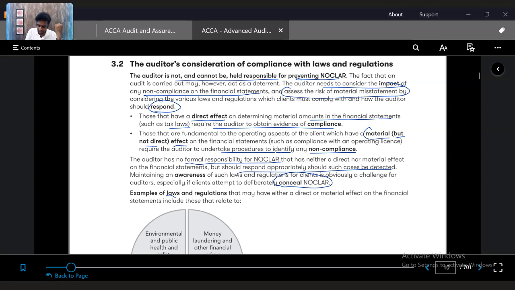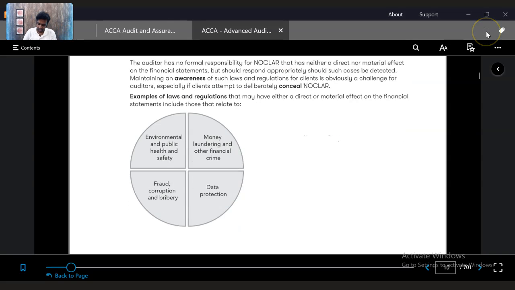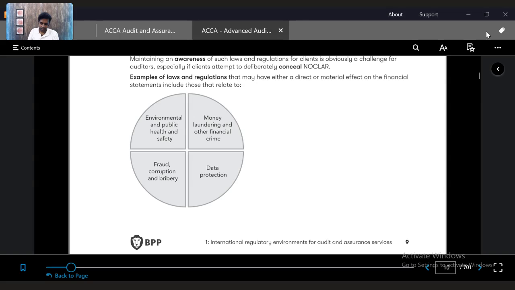Certain examples of laws and regulations that may have a direct or a material effect. Some could have a direct effect or some could have a material effect. Money laundering and other financial crime could have a direct and material effect.